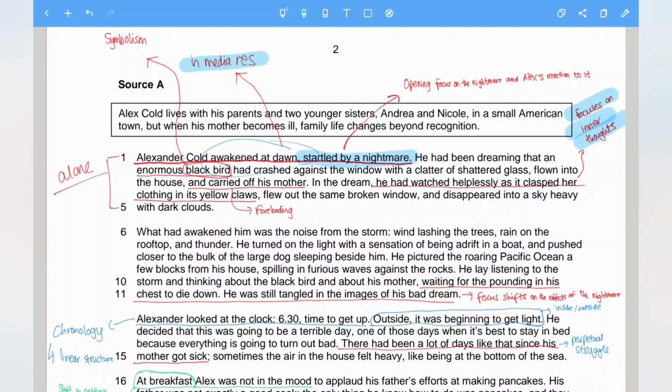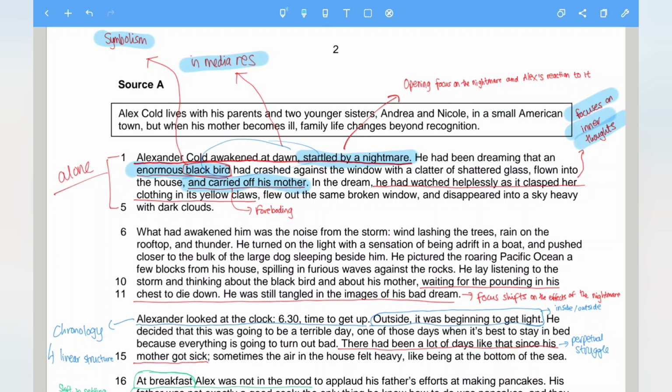Also, the writer uses symbolism. If you look at the enormous black bird, it symbolizes death. You think about a crow, and often crows are associated with graveyards, etc. So it clearly shows us something is about to happen. And not only that, that is supported by, if you look at line 3, "and carried off his mother."